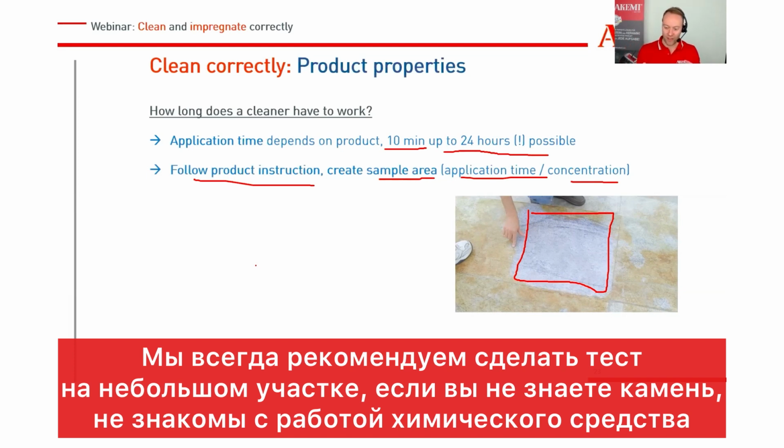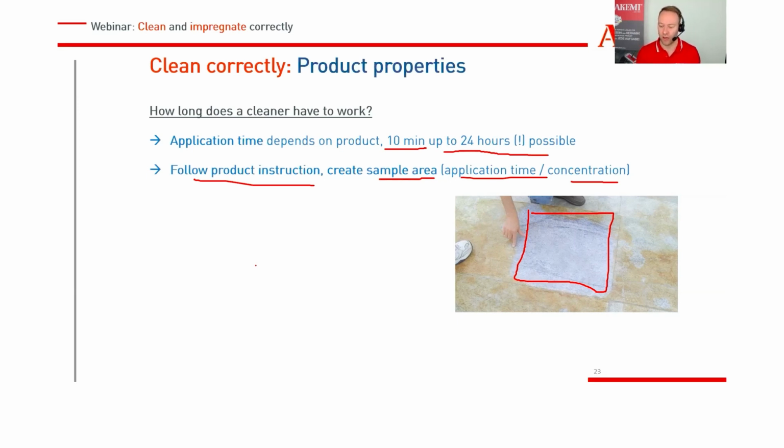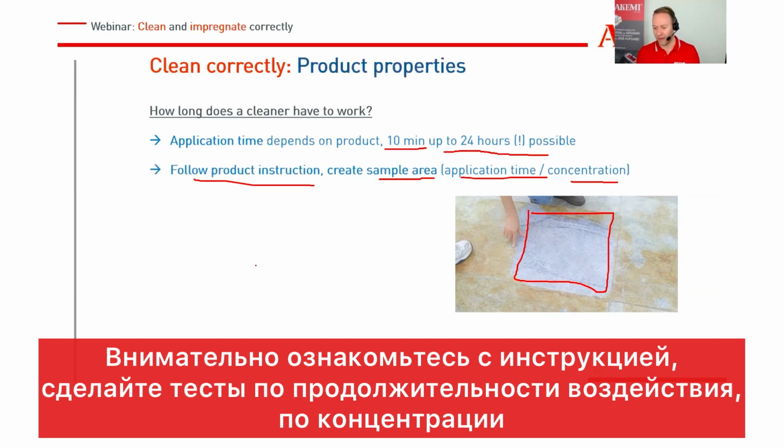So usually I start with a lower concentration, so maybe 1 to 20 diluted. And if it's working, but I think it needs a little bit faster or stronger cleaning, then I make maybe 1 to 10 or 1 to 5 in the dilution when it comes to a basic cleaning.